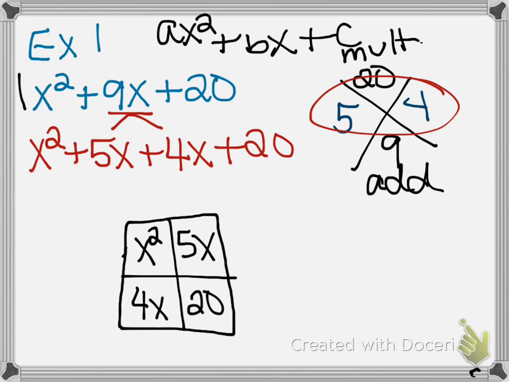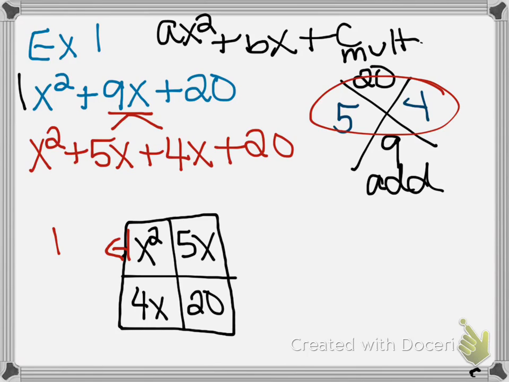Okay, so now I need to factor out my greatest common factor, just like we have been doing in the past few standards. I want to look to figure out what's going to go over here. I want to think about what my greatest common factor is between x squared and 5x. This is like a 1x squared. So between 1 and 5, I could just pull out a 1.